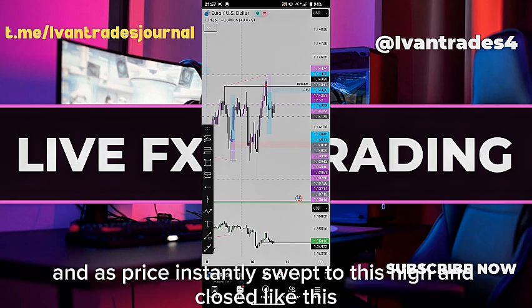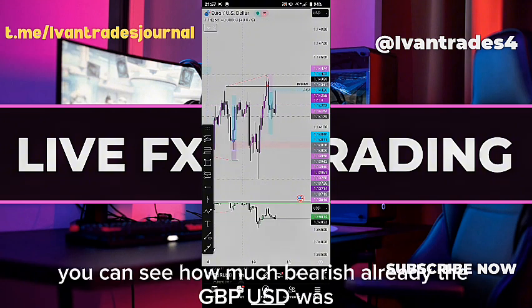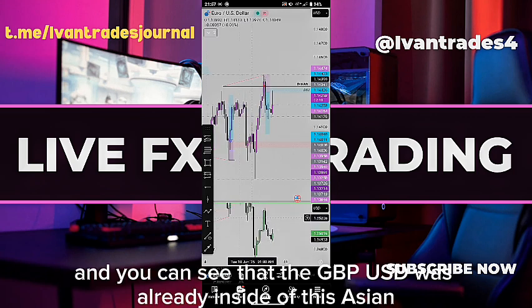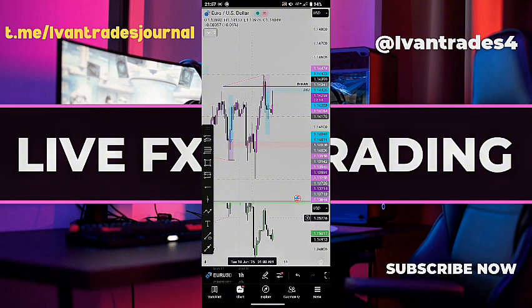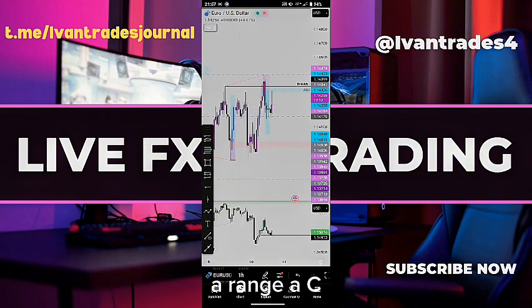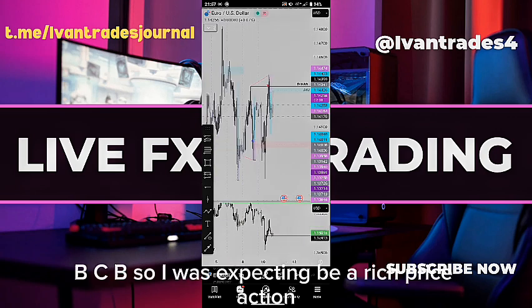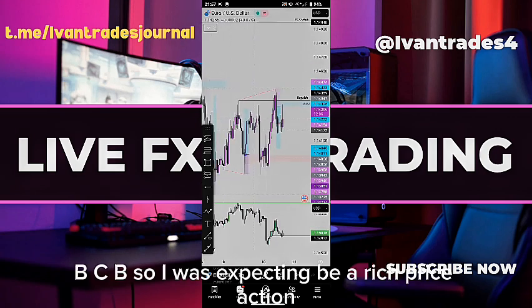As price instantly swept this high and closed like this, you can see how bearish the GBP/USD already was, and that the GBP/USD was already inside of this Asian range CB. So I was expecting bearish price action.